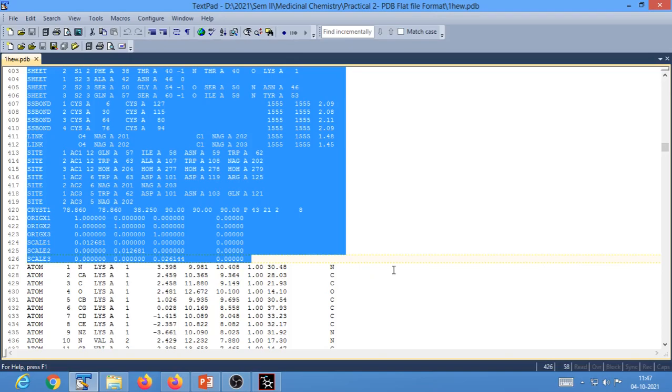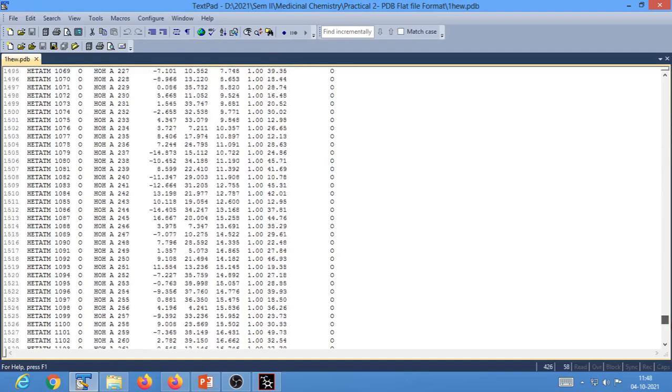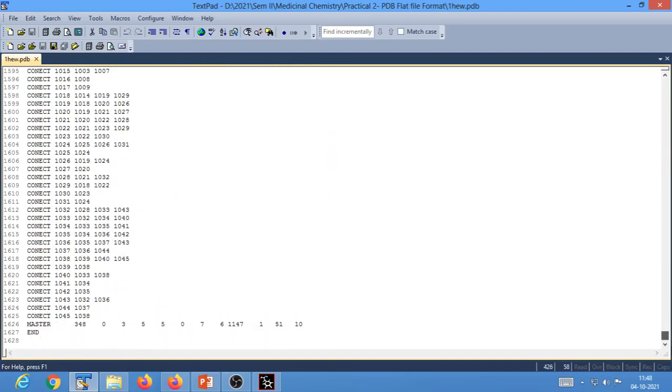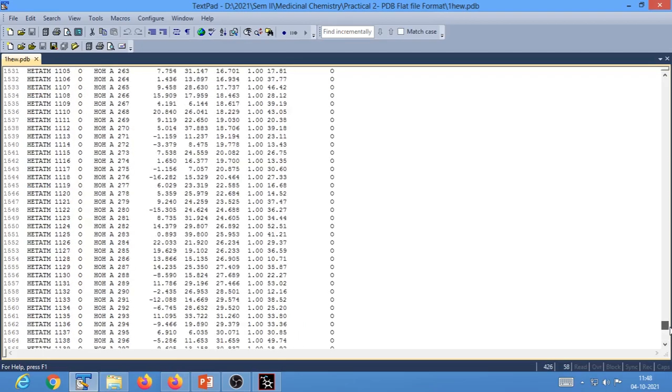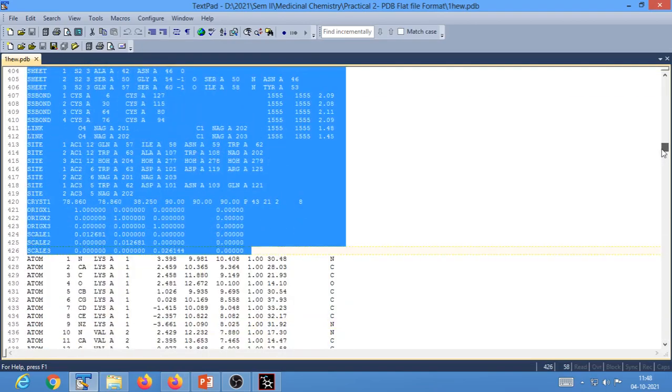Now you can say that of the 1627 lines in your PDB, only 426 lines are devoted to the annotation section, and the remaining lines correspond to your coordinate information. We will come to what exactly coordinate information is in a while.